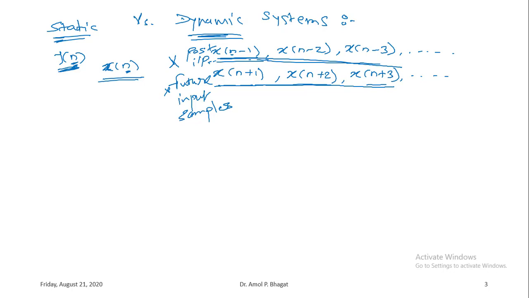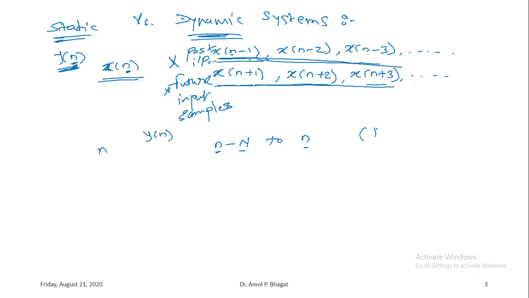Right? So if the output of a system at time small n is completely determined by the input samples in an interval, for example, from small n minus capital N to small n, I am determining the output y of n of the discrete time system in the interval n minus capital N to small n.